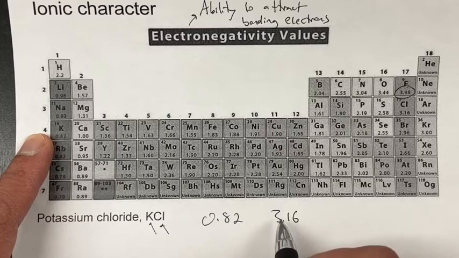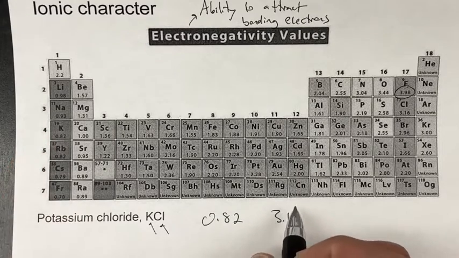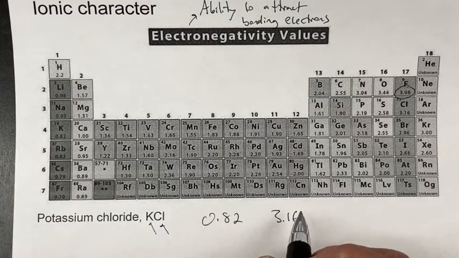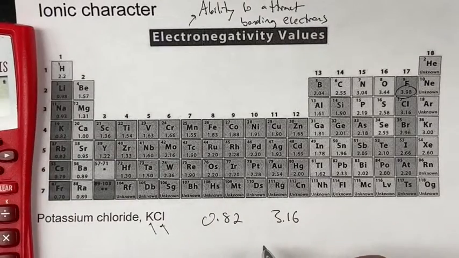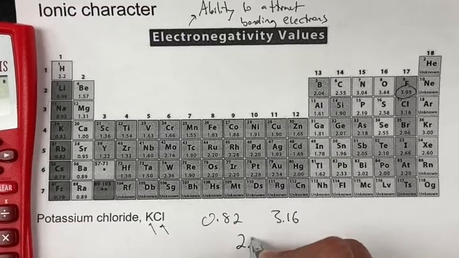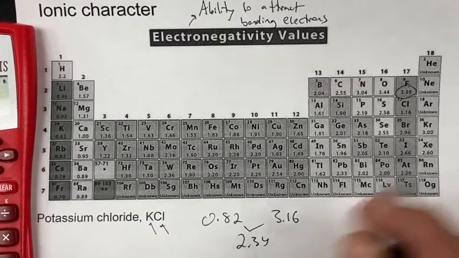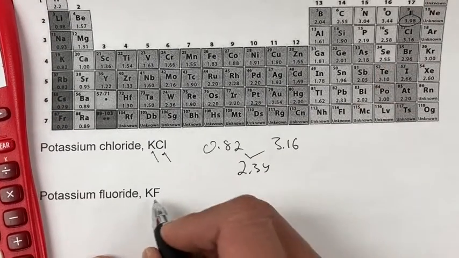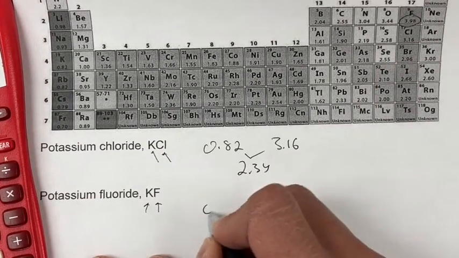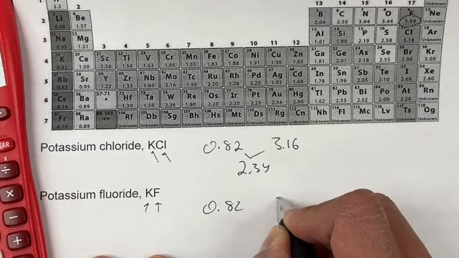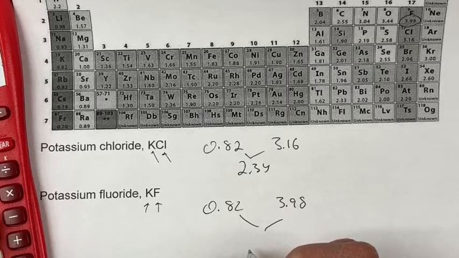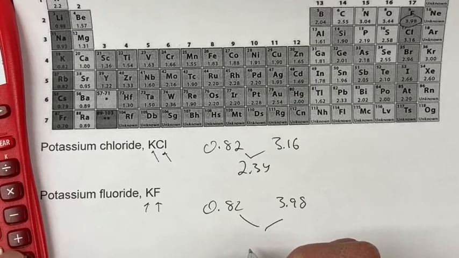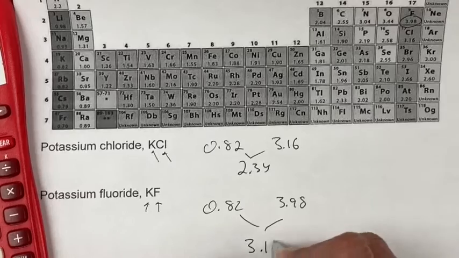So this difference, if I just take a calculator and subtract these two numbers, 3.16 minus 0.82 is 2.34. That's a pretty big difference. If I take something like K and F, so 0.82 and 3.98, subtract those, 3.98 minus 0.82, this is an even bigger number, 3.16.